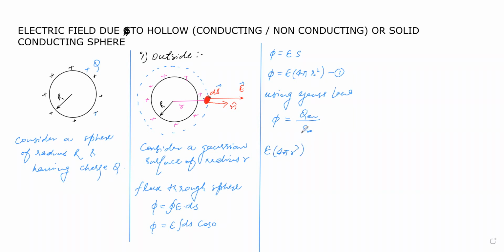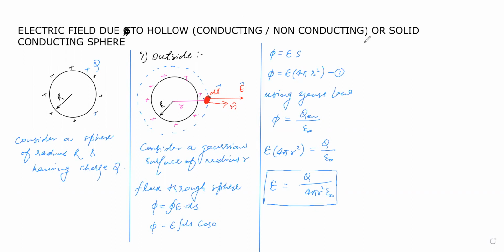And Q, what is the Q here? Q is your Q. There is no change in the Q over epsilon naught. Finally, we can say E is your electric field, which is Q over 4 pi r square epsilon naught. Are you clear or not? This is the total electric field produced due to this charged sphere. Note it down, please.